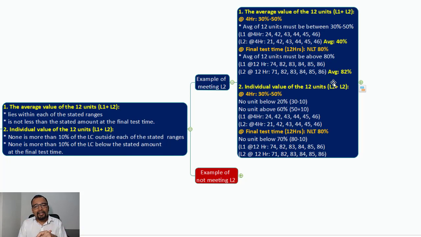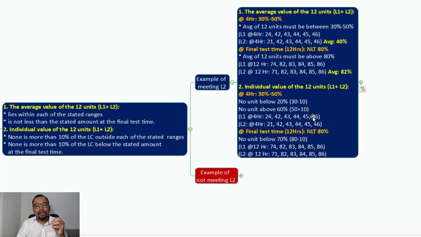At L1 the observed dissolution is 74, 82, 83, 84, 85, 86%, and at L2 71, 82, 83, 84, 85, and 86. So what is the average of all these 12 units? It comes to 82%. So have you met the average value requirement at the last time point? It's absolutely met, because it is more than 80%.